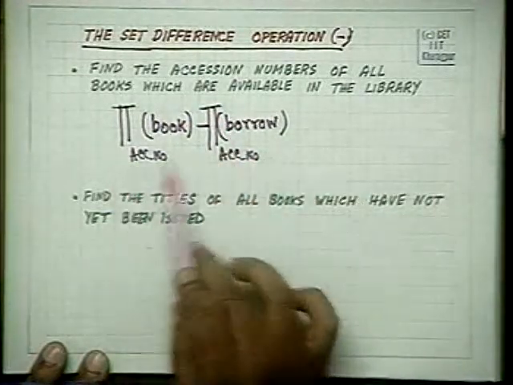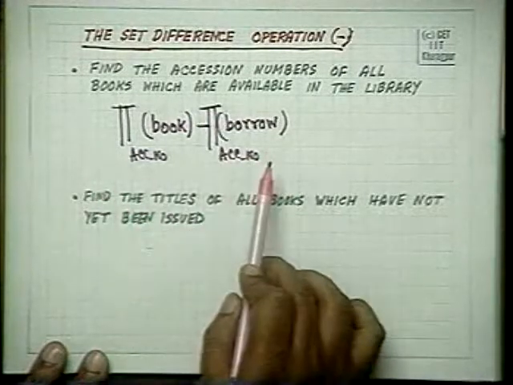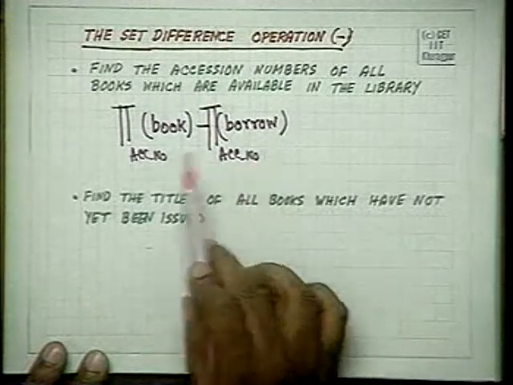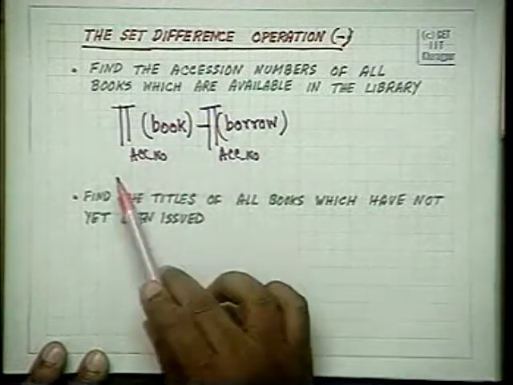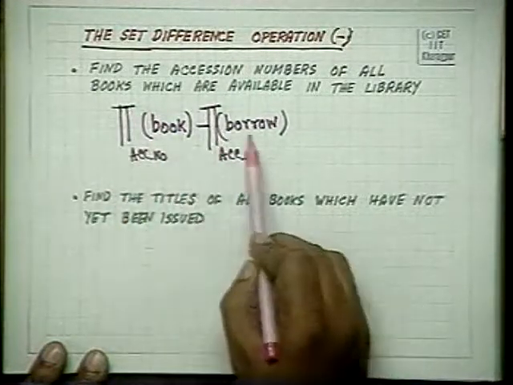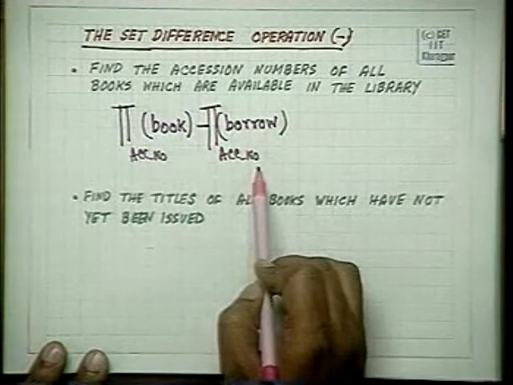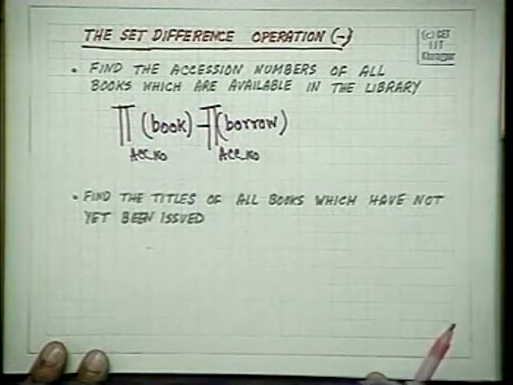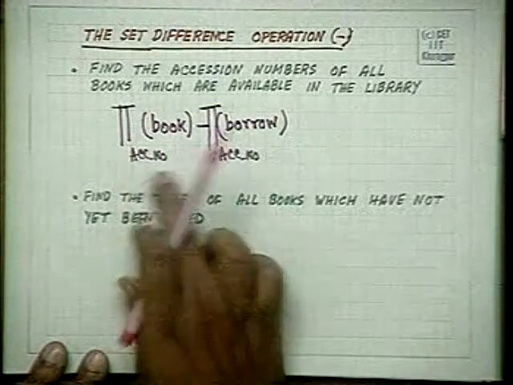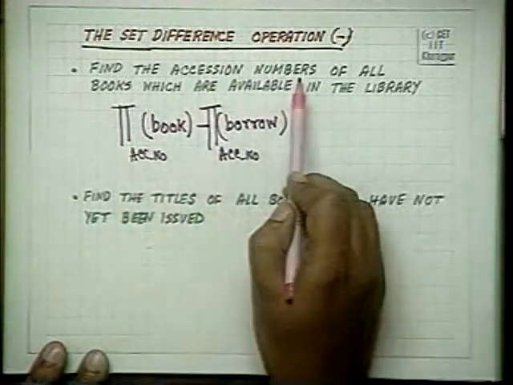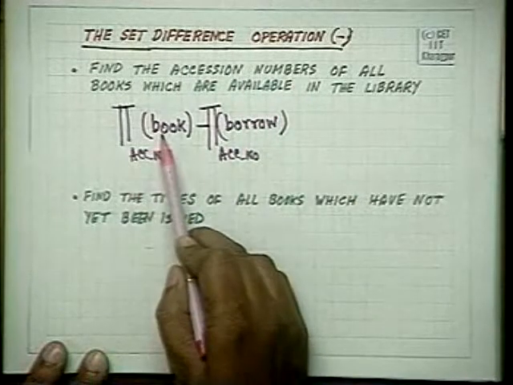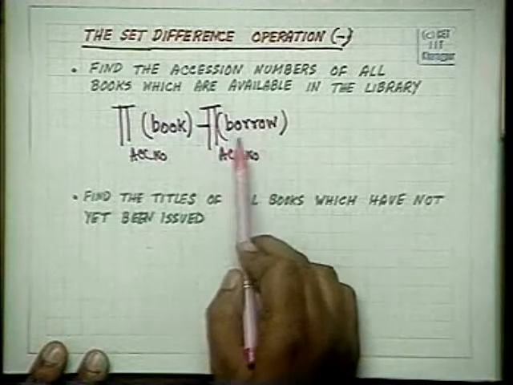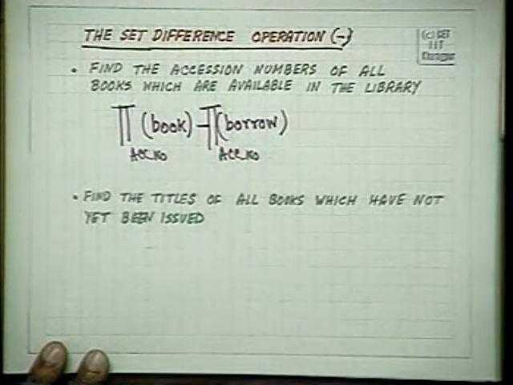These two relations have got identical attributes, accession number. Borrow pi accession number has only accession number as attribute, and book accession number has only accession number as attribute. And this will return only those accession numbers which are in books supposed to be in the library, and which have not yet been borrowed.